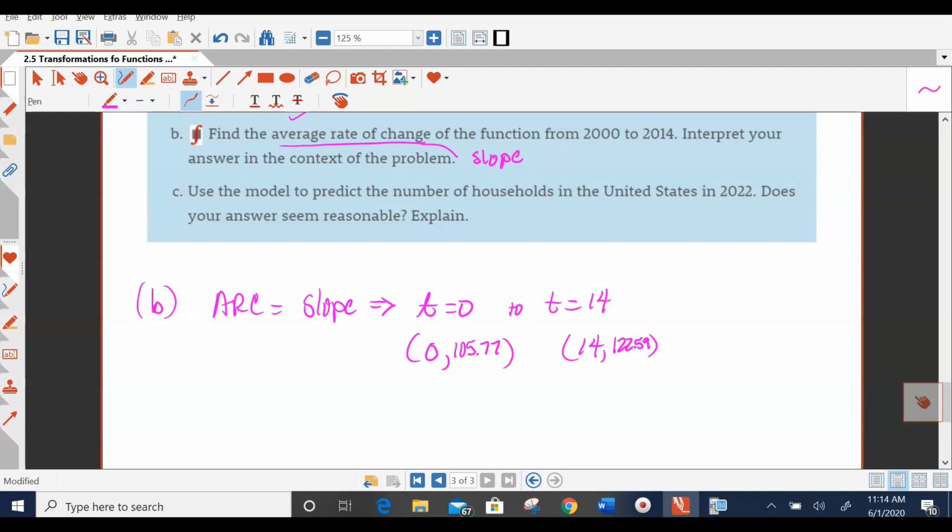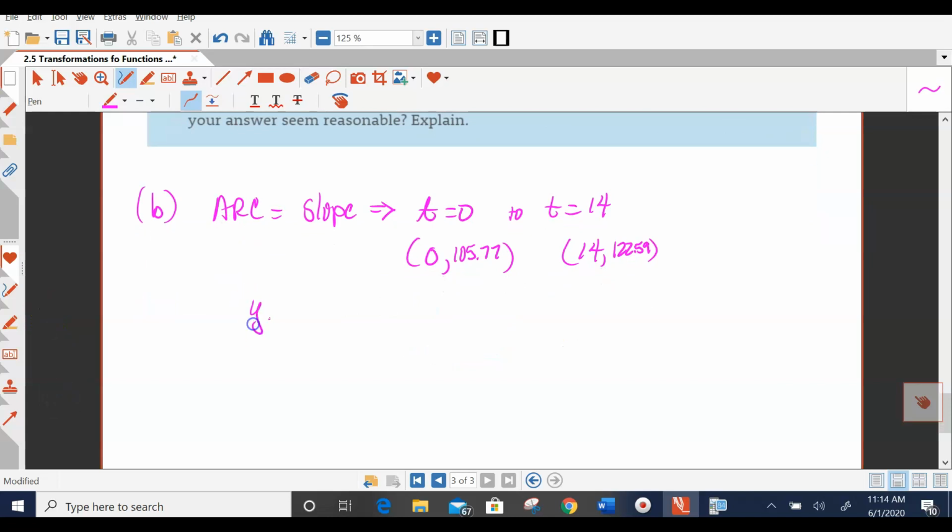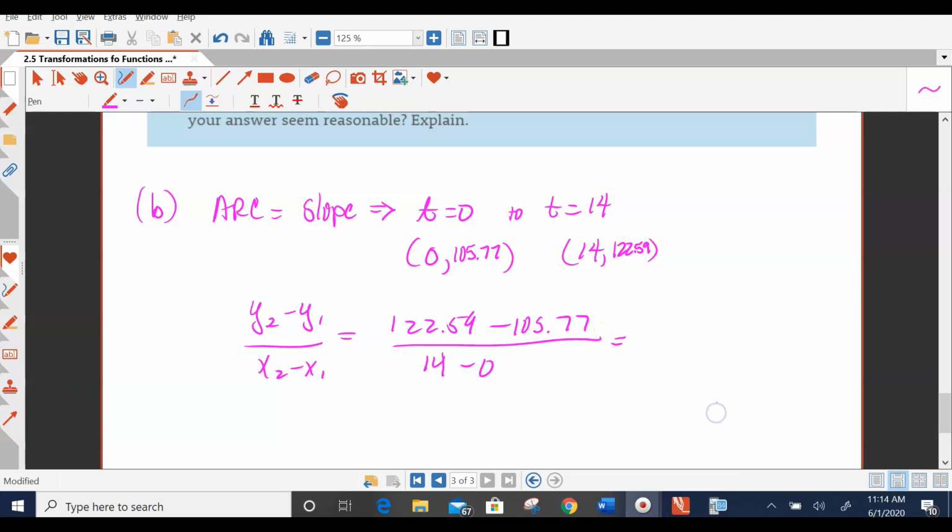Average rate of change is the slope between 2 points. I now have my 2 points, so calculate the slope. y2 minus y1 over x2 minus x1. So 122.59 minus 105.77 over 14 minus 0. So find that slope.